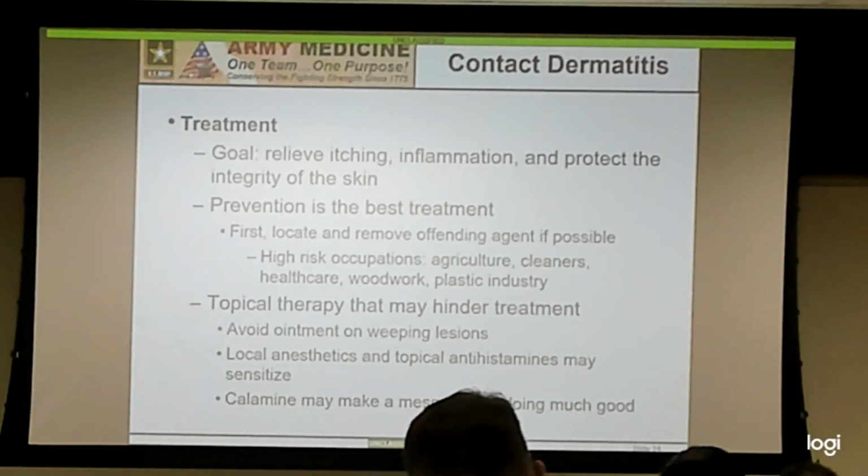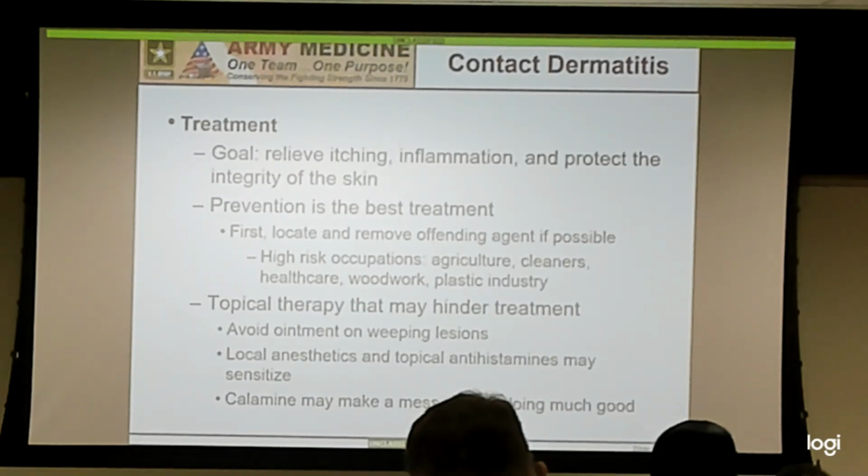You can also use a local anesthetic, something like lidocaine, for them to not scratch. But again, if they can just take an antihistamine, it's better because we want to limit how much stuff we put on, especially if it is a lesion that is open. We don't want to put more creams or more gels on top of that area, except for our medication if we can.